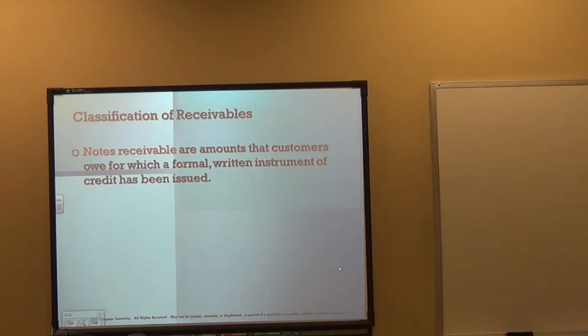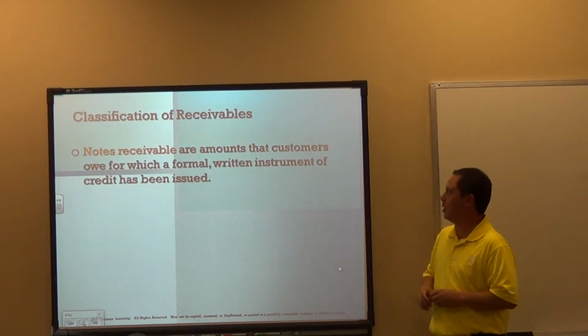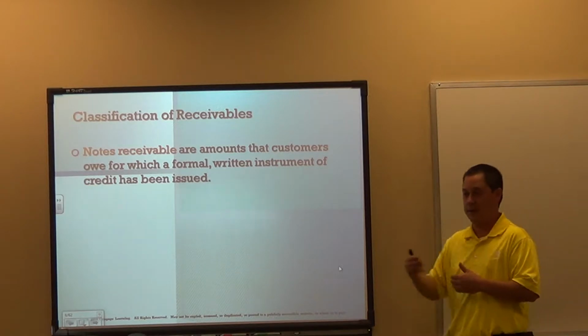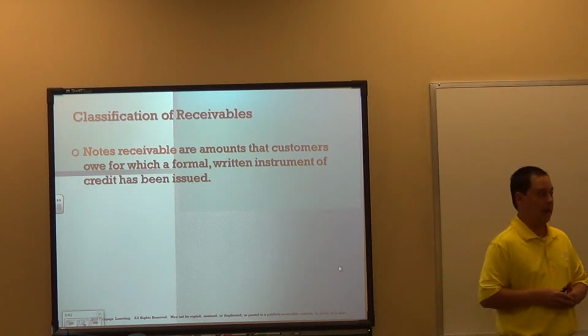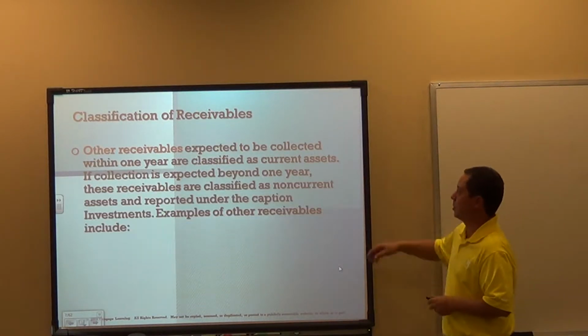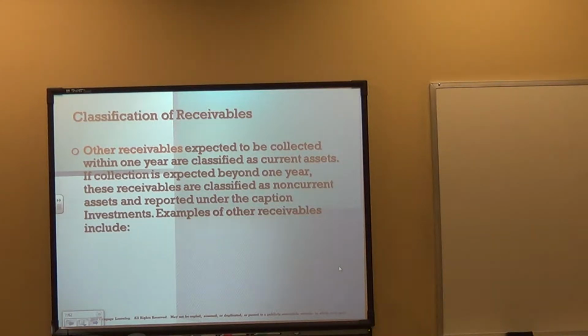All right, notes receivable are amounts that customers owe for which a formal written instrument of credit has been issued. So somebody owes you money, and they made a commitment to pay you back. You may have loaned money to somebody or something like that. Other receivables expected to be collected within 1 year are classified as current assets, remember that.